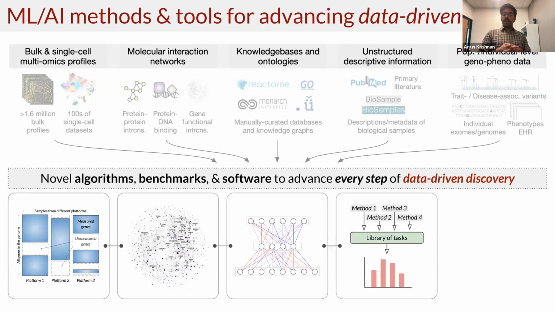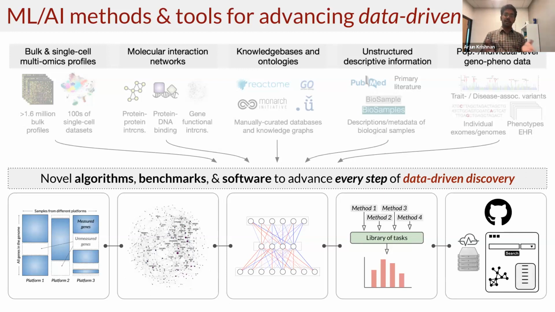We also think a lot about benchmarking, which means that even though we are developing methods, we want to make sure that the community also gets to develop methods and compare them to each other in a fair way. So we release benchmarks so that others can use the same data sets to compare different methods in a uniform way.